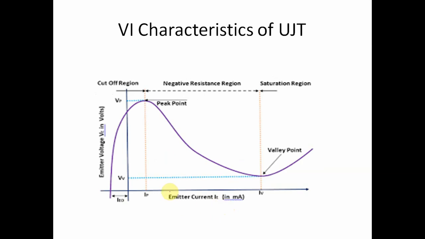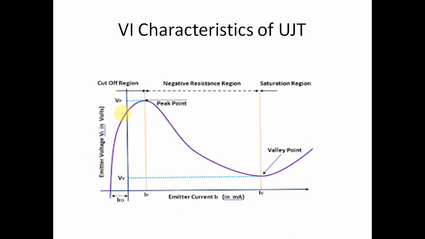Now the next part is the VI characteristics of UJT. In this VI characteristics, voltage is on the y-axis and current is on the x-axis. The VI characteristics is divided into three regions.